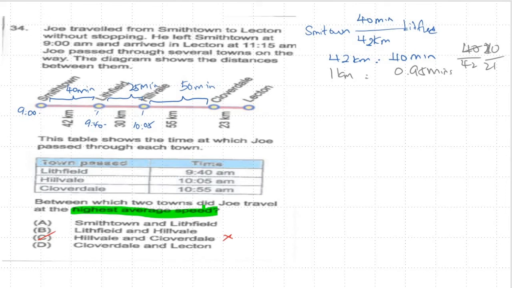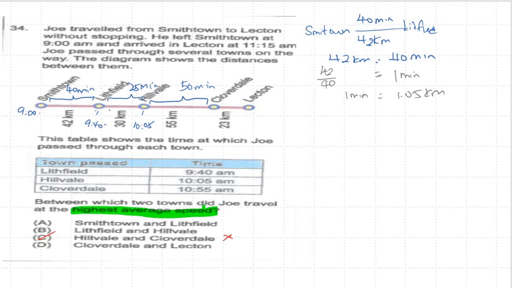Or alternatively, I can find how far I travel in 1 minute. If in 1 minute I travel the furthest, that means my speed is higher. So I do 42 divided by 40, and in this case I can travel 1.05 kilometers in 1 minute.